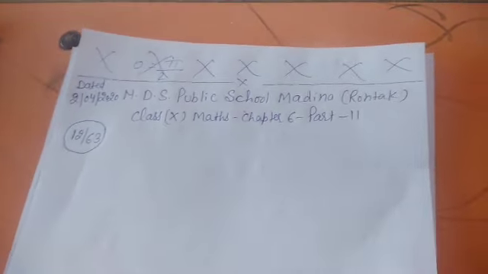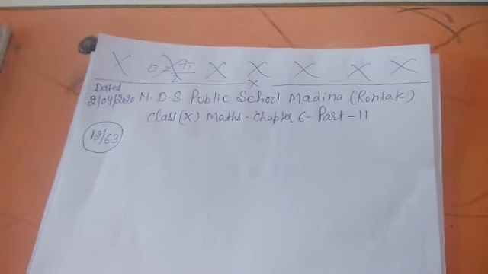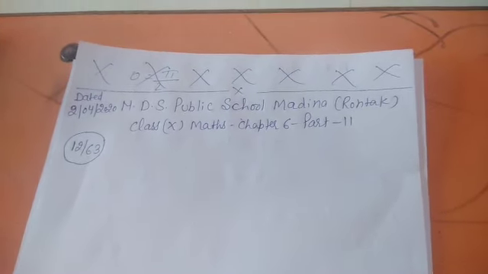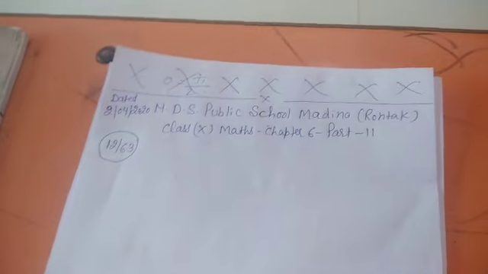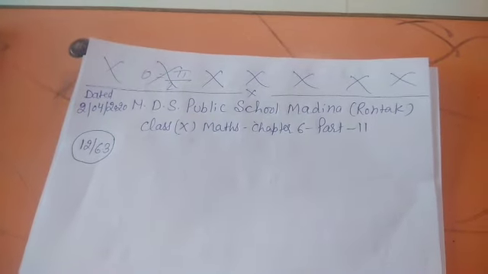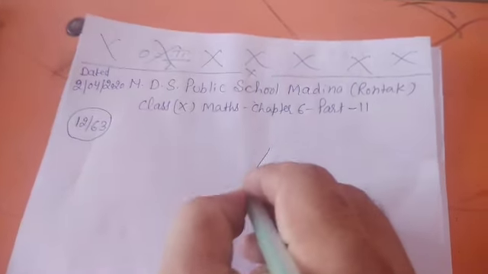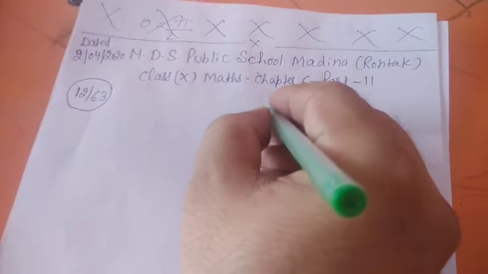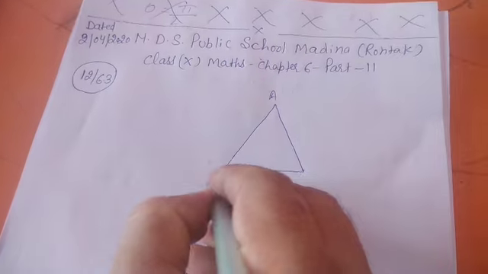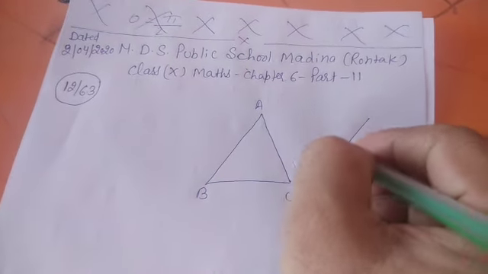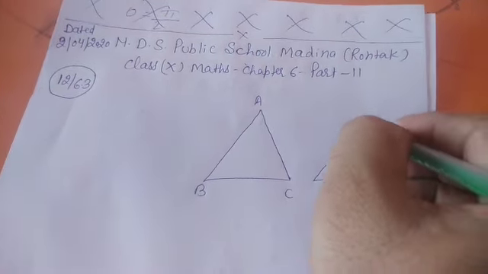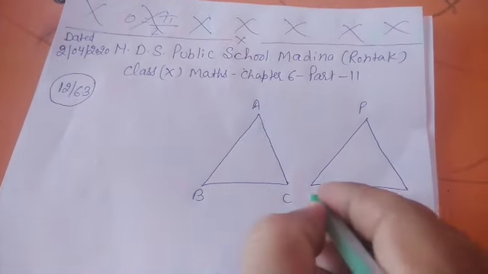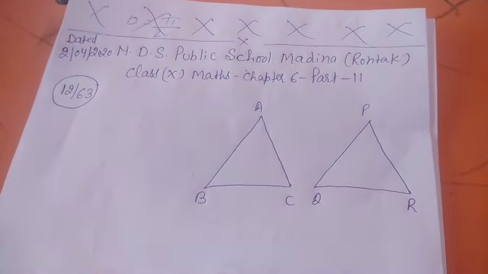So it's given: side AB and BC and median AD of a triangle ABC are respectively proportional to the sides PQ and QR and median PM of triangle PQR. One triangle's name is ABC, another triangle's name is PQR.